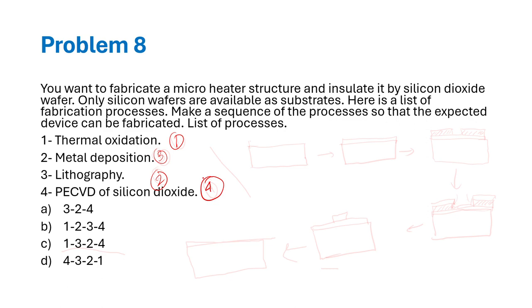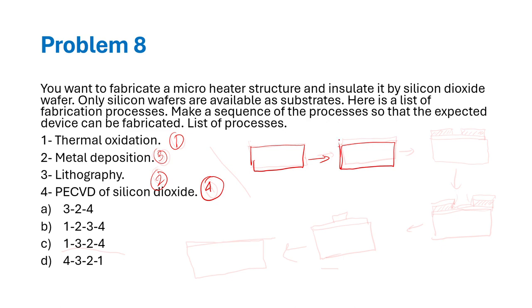So let's see what happens. First we will take a silicon wafer. The thermal oxidation process is, in most places, a level 1 process. Level 1 means we should not have any metal or anything on the top. We need a pure silicon wafer, so that the oxidation will happen at the surface of the wafer. So that will be the first step.